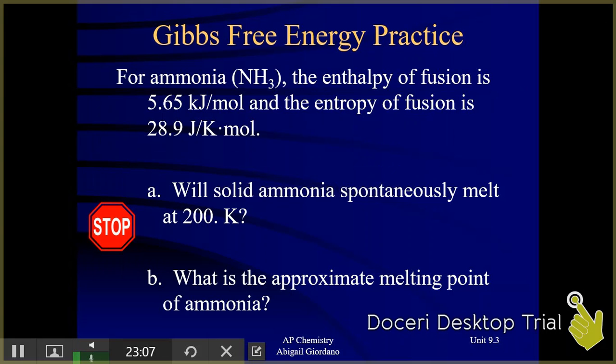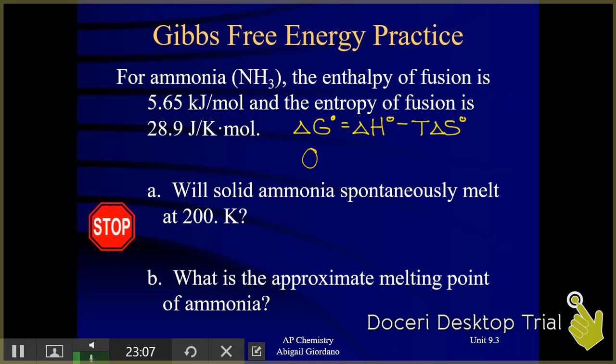Now, before you do this problem, let me come back. I'm just going to rewrite that equation we just used a moment ago. And you saw me setting delta G equal to 0. Let me tell you why I did that and when it's appropriate to do that. Let's review.